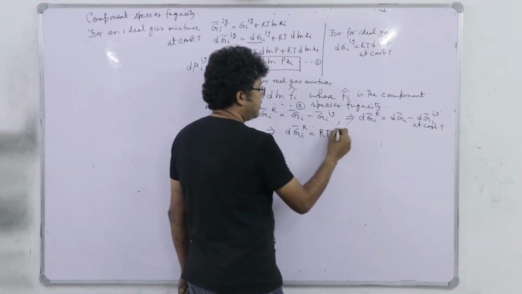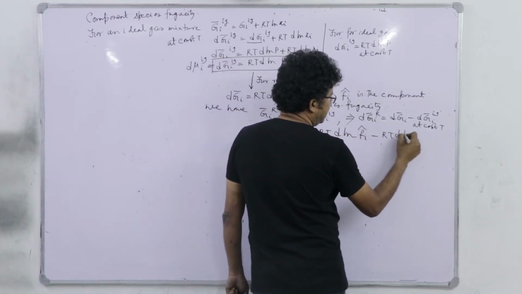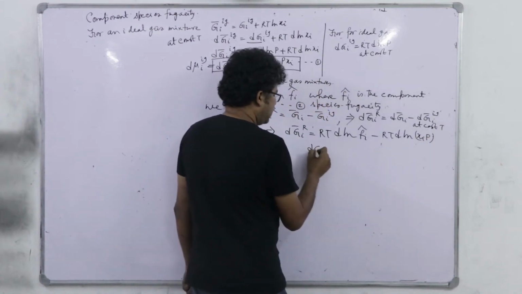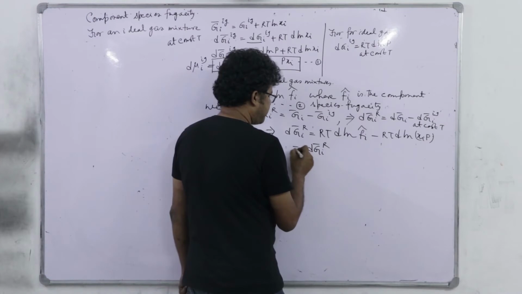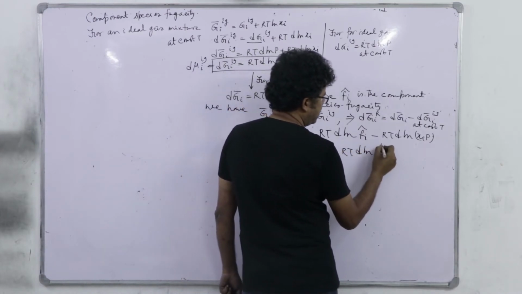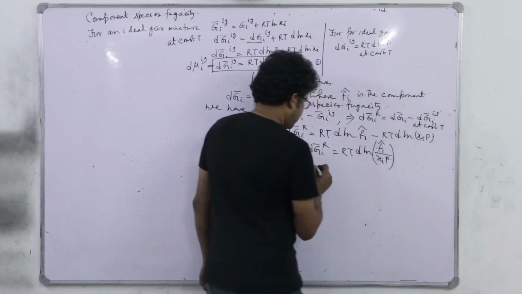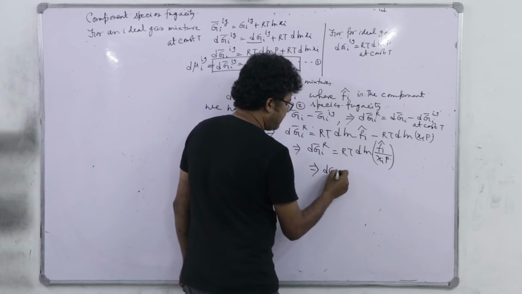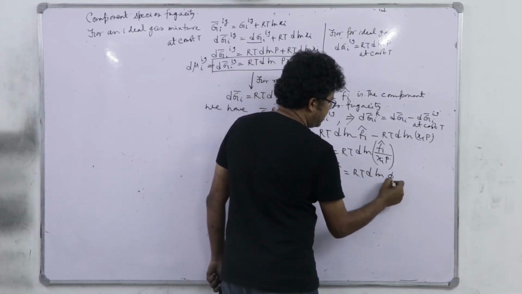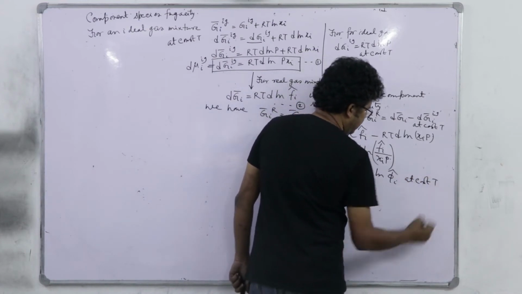So RT d ln fi cap minus RT d ln xiP, so dGi bar R equals RT d ln (fi cap by xiP), and that term we write as d ln phi i cap at constant temperature.